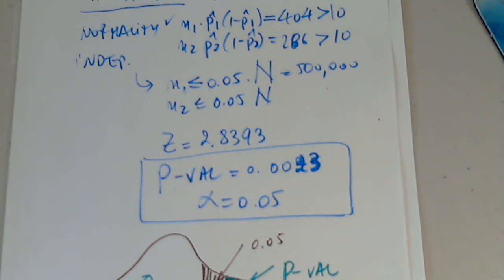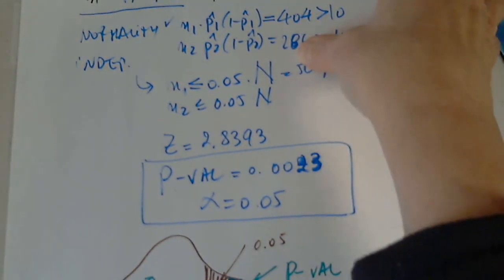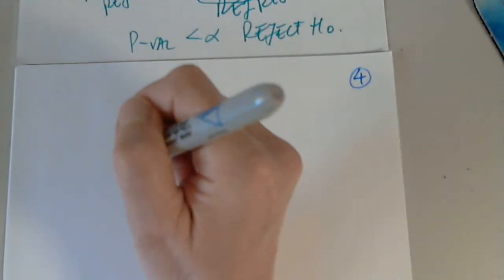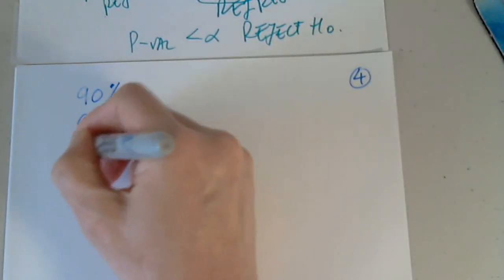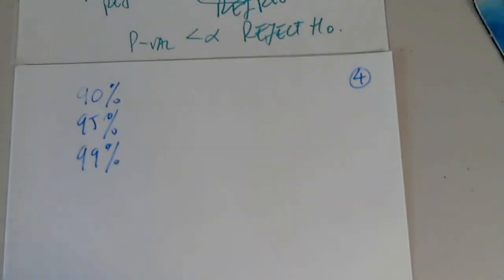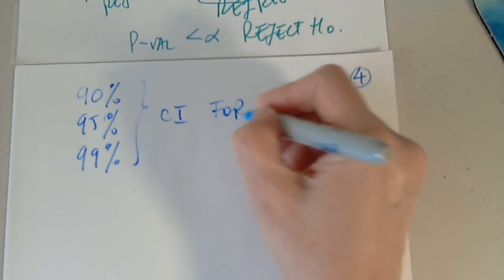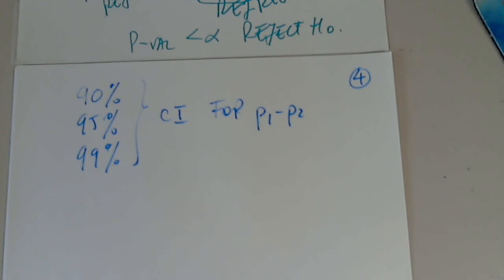Now, we can continue by finding a confidence interval, and this is a very important interpretation. Let's continue with item 3 on my handout, but I want to do it for this problem as well. So give me any confidence interval that you would like to create. You can say 90%, 95%, or 99%. Just choose a confidence interval for P1 minus P2, population proportion 1 minus population proportion 2.